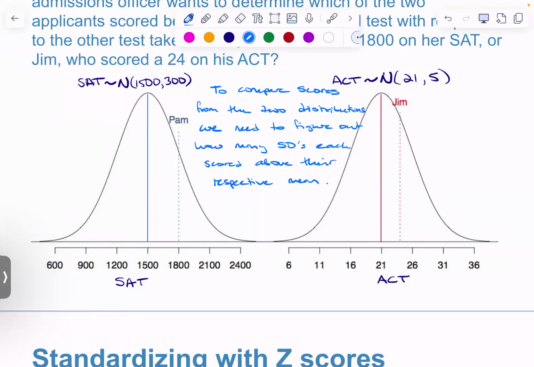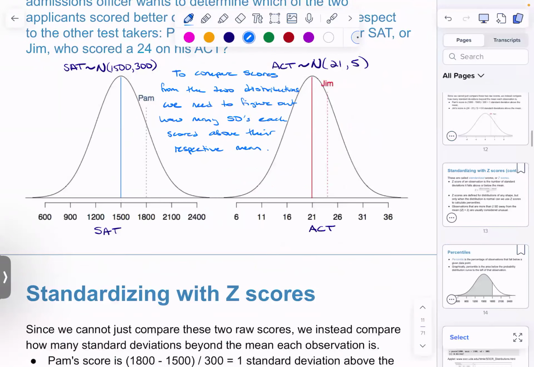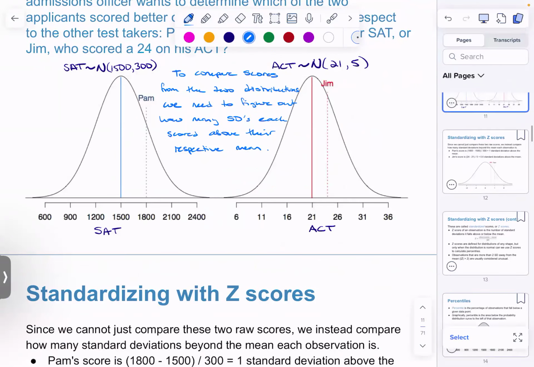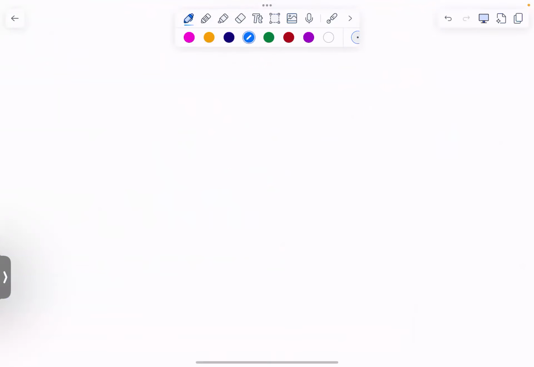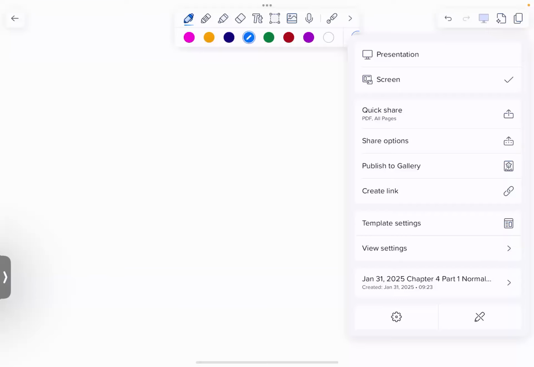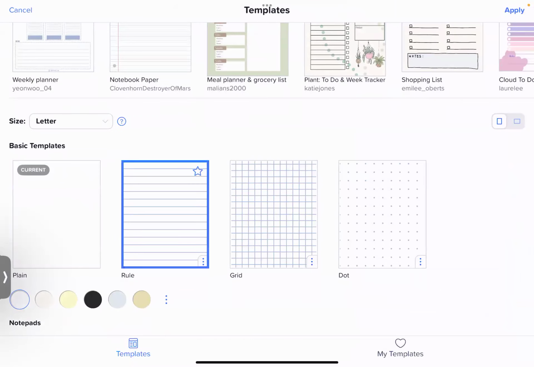If you had to problem solve this, let's focus on, I'm going to add a page here. Wait. Oh boy, where are my lines? Lines. Good.